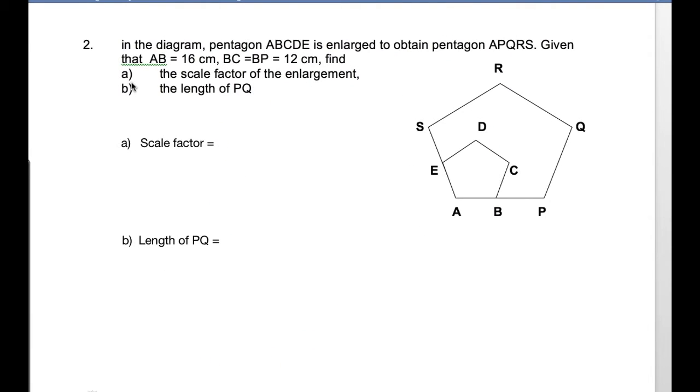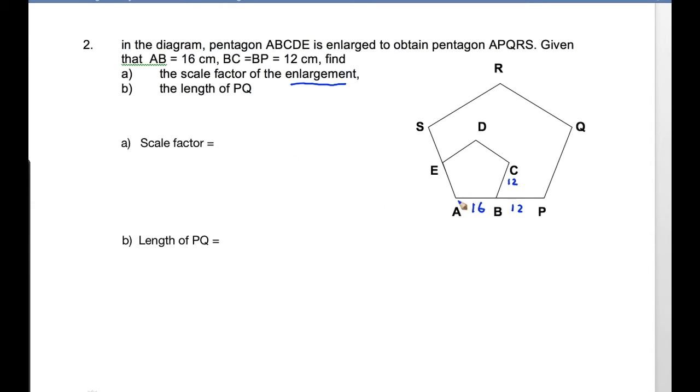In part A of the second sum, we need to find the scale factor of the enlargement. First, we need to look out for the corresponding lengths. In this case, it is AB and AP. When we form the ratio of an enlargement, the ratio will be greater than 1.